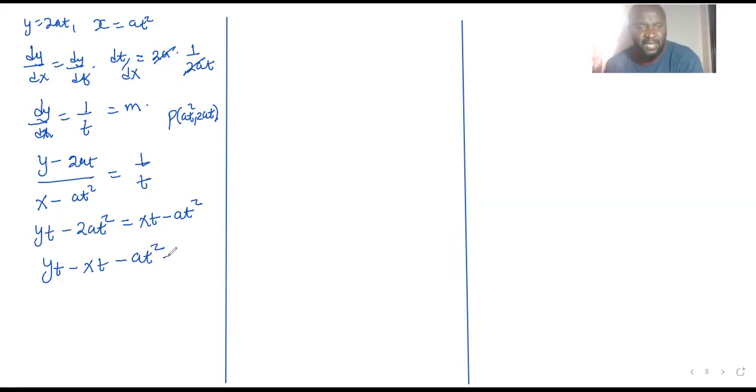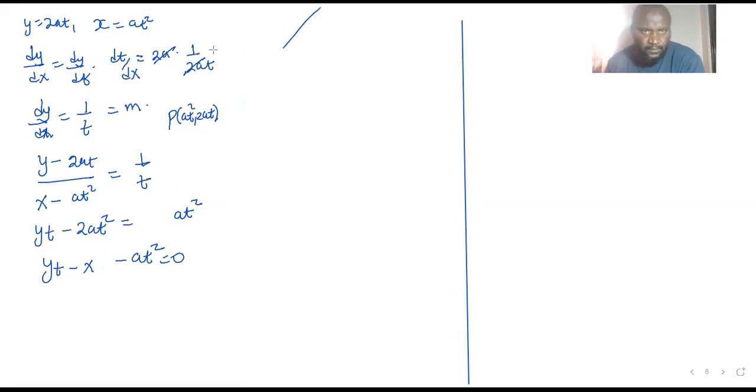It is from here that the general equation can be stated as the following. Wait, is this xt? No, this x has no t. Sorry for this. So if this x has no t, how does it look like?